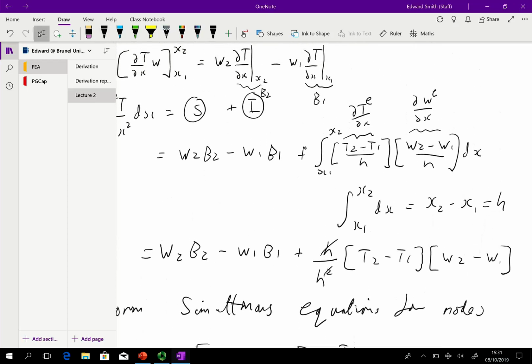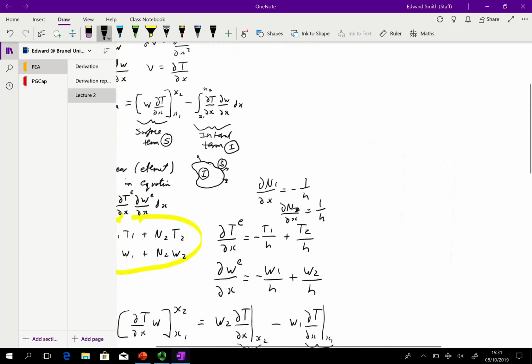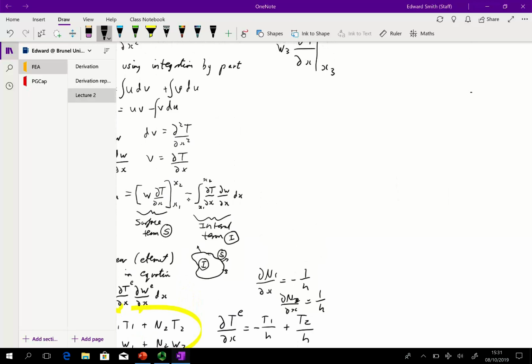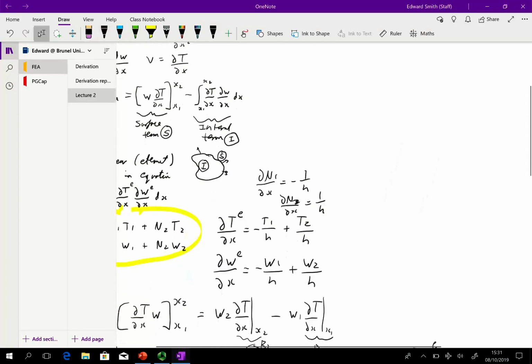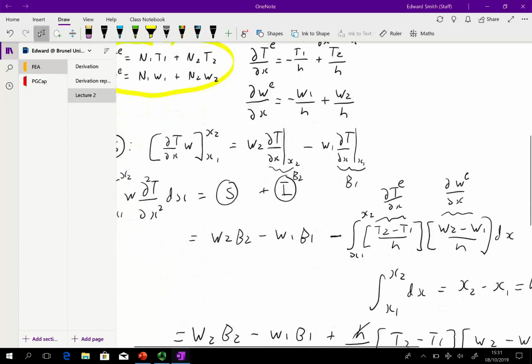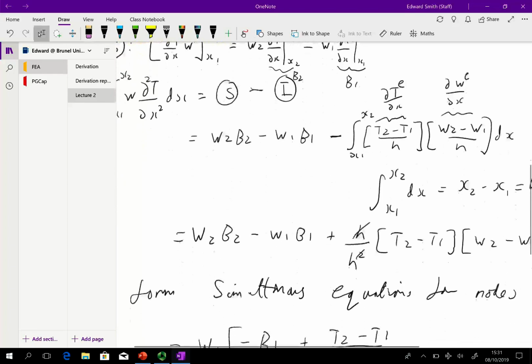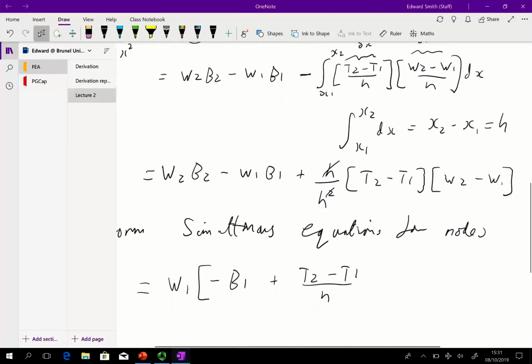So I've made a mistake here, this should be minus here, because the original expression for internal energy was a minus here. So that minus there should be a minus here. So we end up with an expression which is minus here.